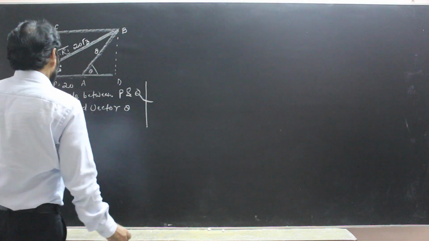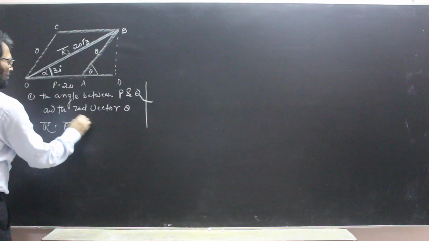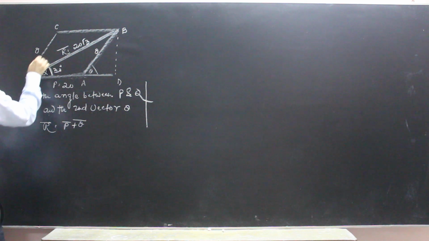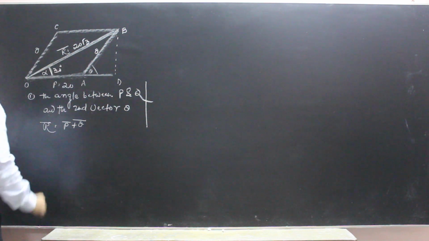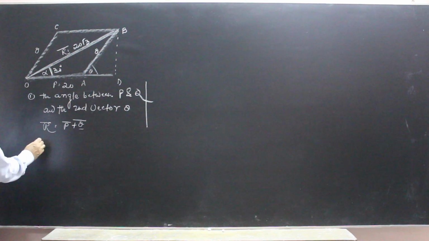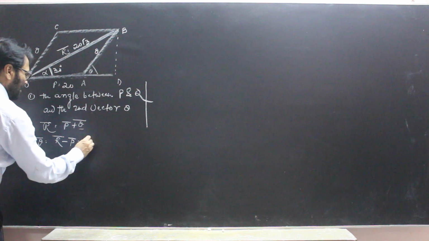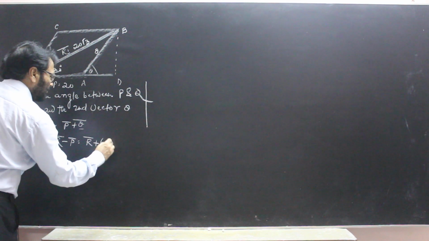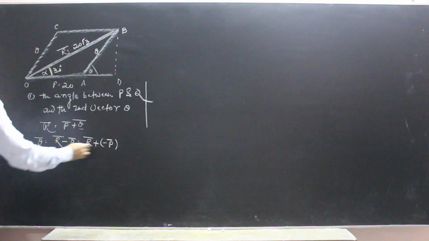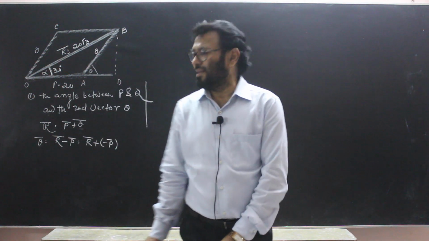So here R is P plus Q. This is P and this is Q, and this is R. Now we can write Q is equal to R minus P. That means Q is the resultant of R and minus P, and if the angle between R and P is 30, it is the resultant of R and minus P, not at 30, rather at 180 minus 30.